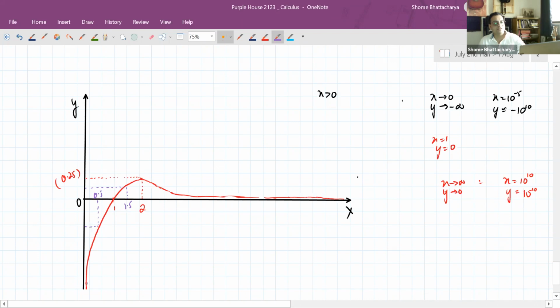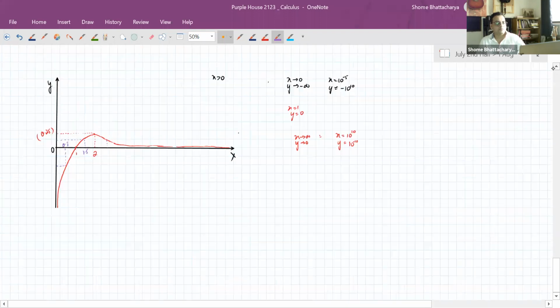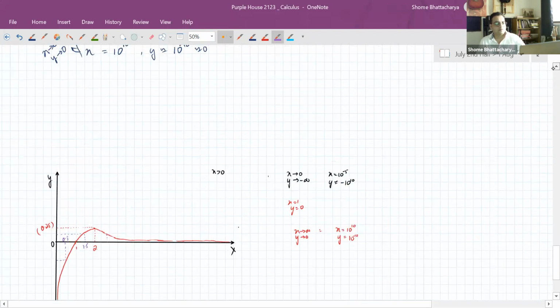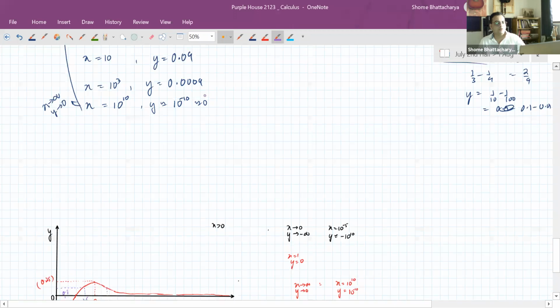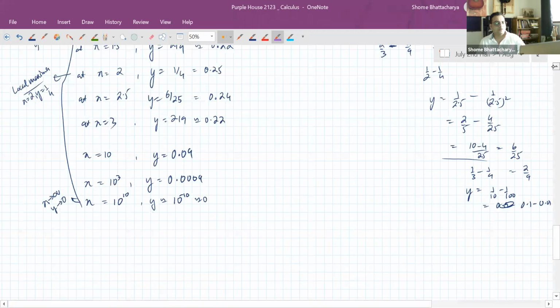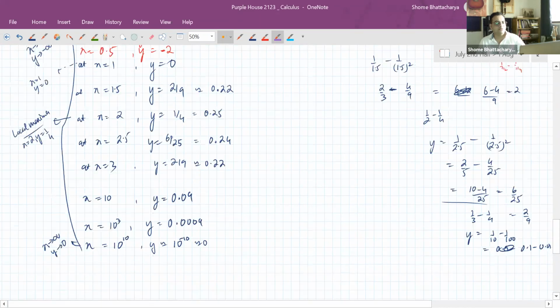So we can compare some of these also. And again, I don't remember which points, 2.5, I think that was another point we had seen. So at 2.5, it was 0.24. And at 3, it was 0.22.